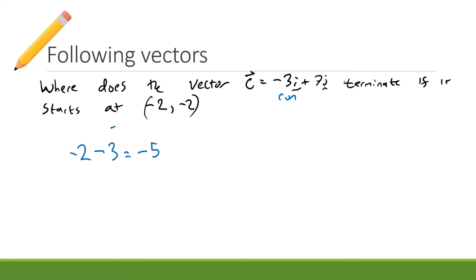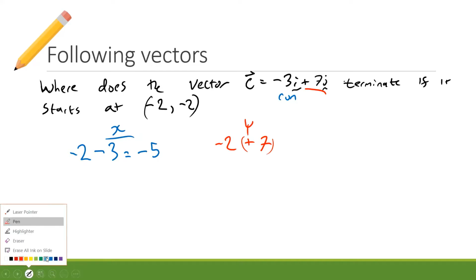That's my x variable. Whereas with the y variable, we've got -2, but this time we're going to be adding 7. So that's how we're going to change it.